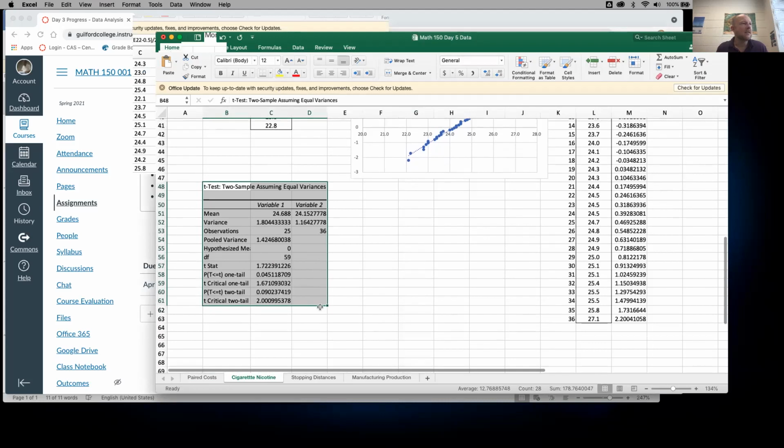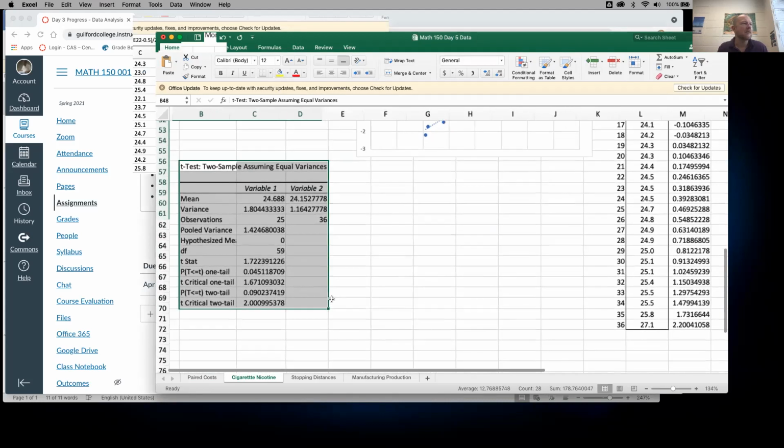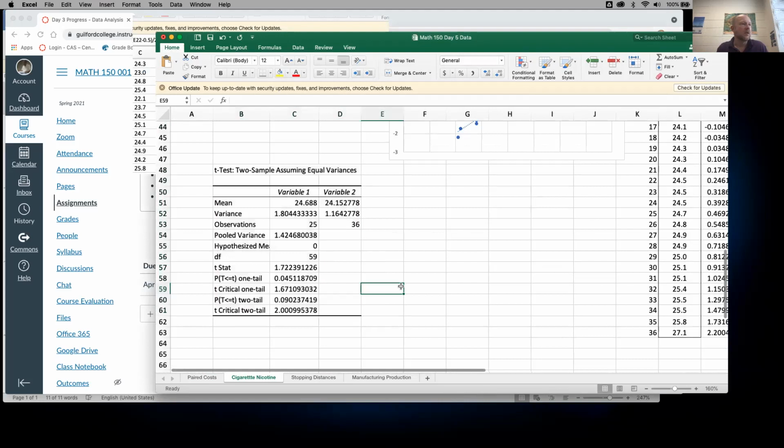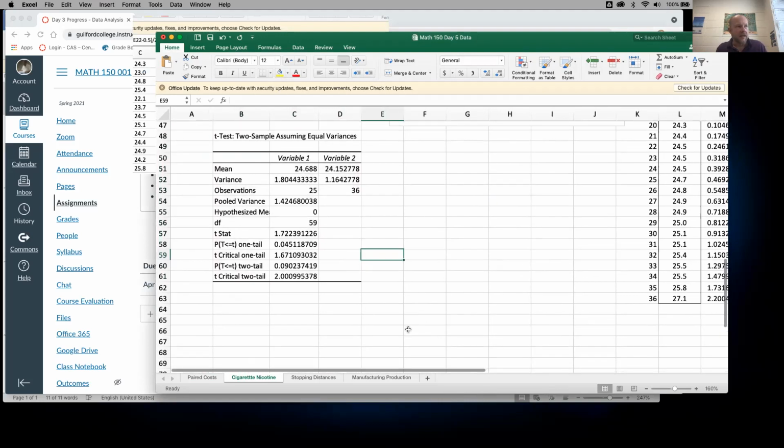So with the information that we end up with here, we're gonna look along here and see that if we are trying to show that the first one, the Laramies, have a lower amount of nicotine than the Morleys, so the less than or equal to, then we've got about a 0.045, so a little bit less than 5%, okay?